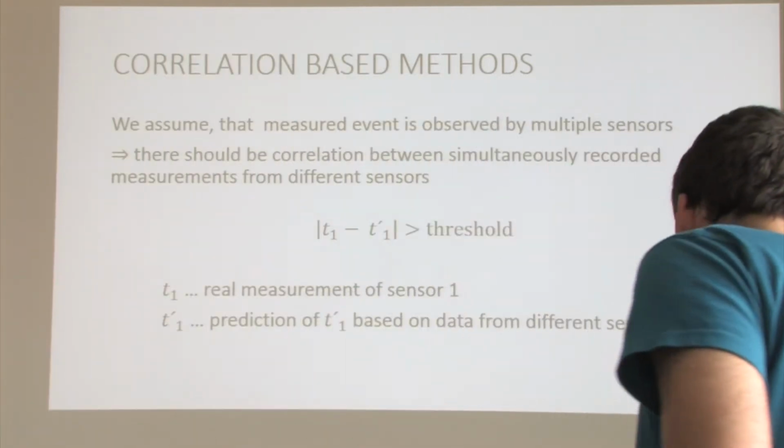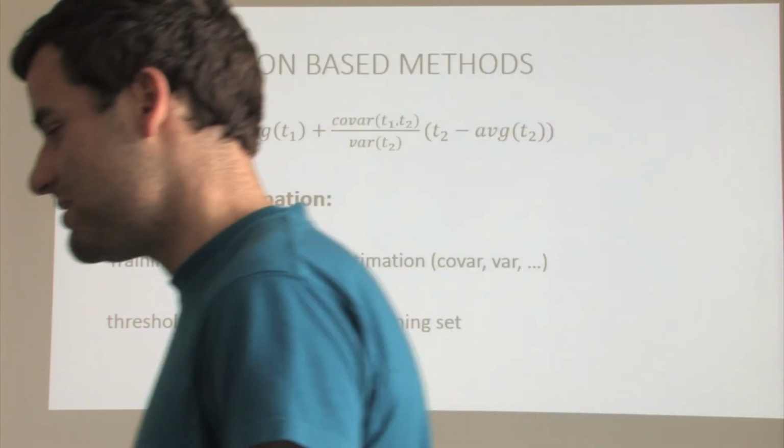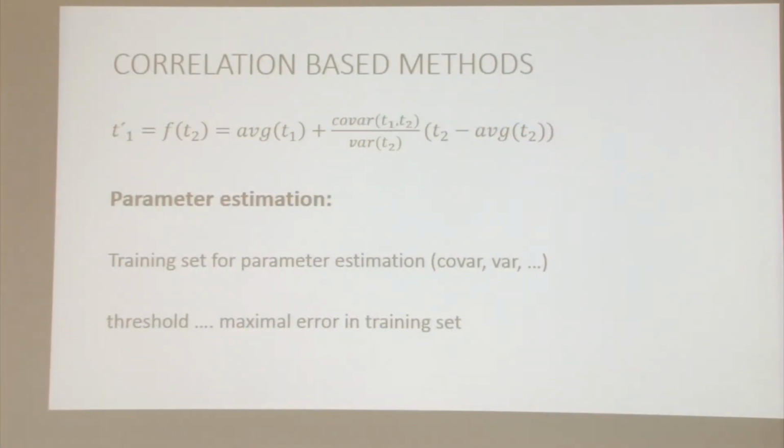So how can we predict the value? Here I have the easiest possible example, where we have two sensors, marked T1 and T2.